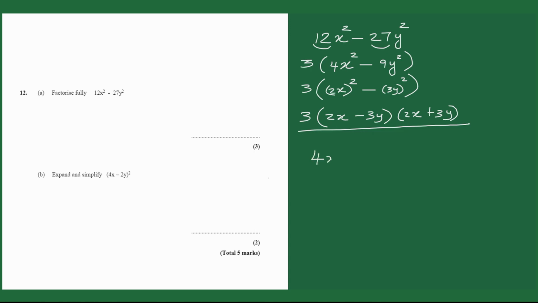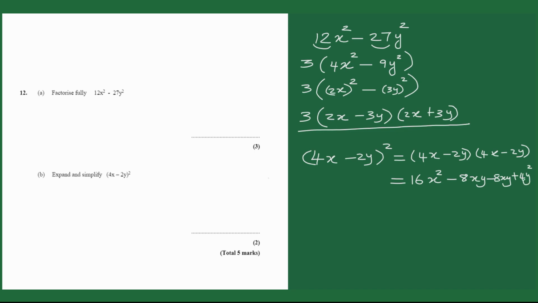Second question, expand and simplify. 4x minus 2y whole thing squared can be written as 4x minus 2y, 4x minus 2y. So expand the brackets: 16x squared minus 8xy minus 8xy plus 4y squared.